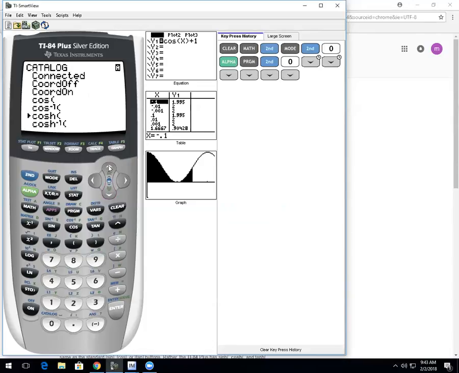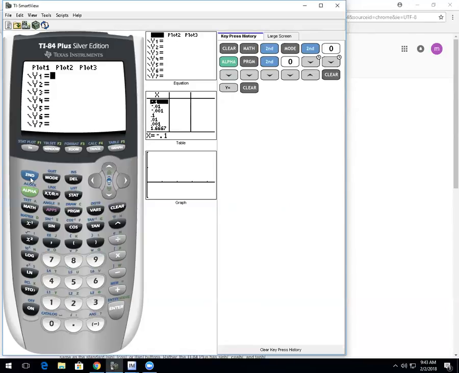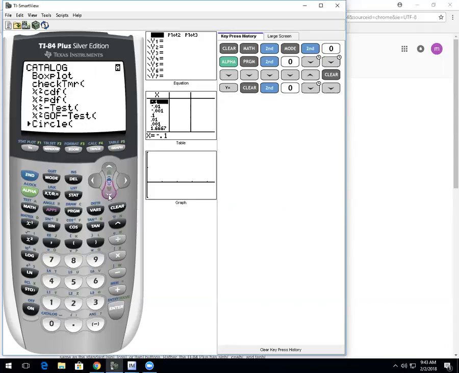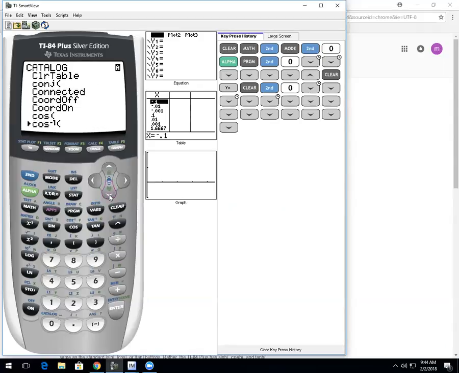There it is. So I should have pulled up y equals before I got to that, because that's how I graphed it. I had to go y equals and then pull up my catalog menu and scroll down to cosh. Which was right there.